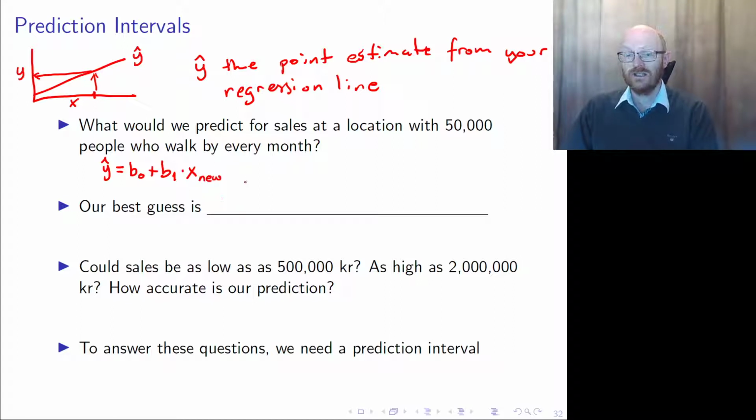So your best guess in this case, in the Bucket-Hansen case, is taking the intercept 133.81 measured in thousands of kroners plus the slope of 23.67 measured in thousands of kroners per thousands of pedestrians, right?